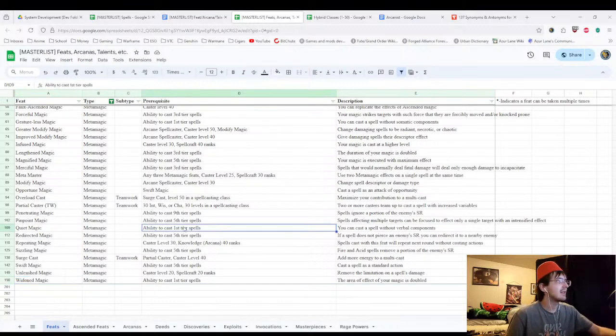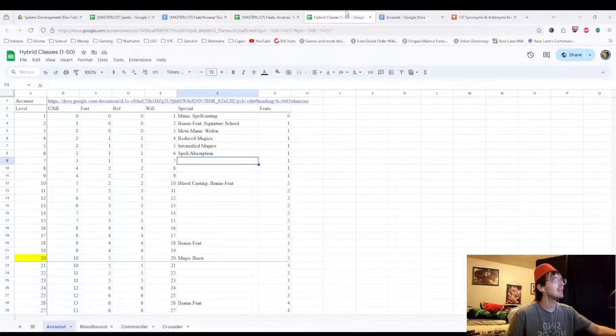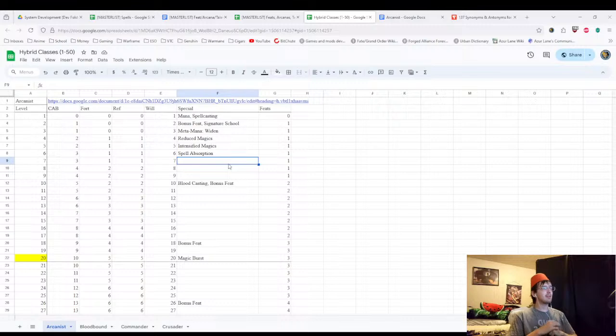Oh, verbal and somatic. Yeah, we got both verbal and somatic because we don't use material. Let me look at the chart. If we use verbal and somatic right next to each other, then we give them something at level 9, and then blood casting is going to be a cool thing.